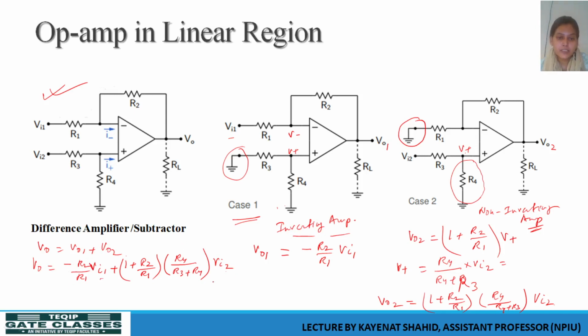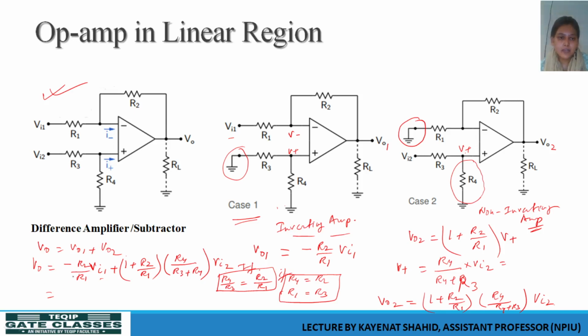Again, if we assume that this R4 by R3 ratio is equal to R2 by R1, or we can say R4 is equal to R2 and R1 is equal to R3, then if we make this R2 and R1 equal, what will happen?